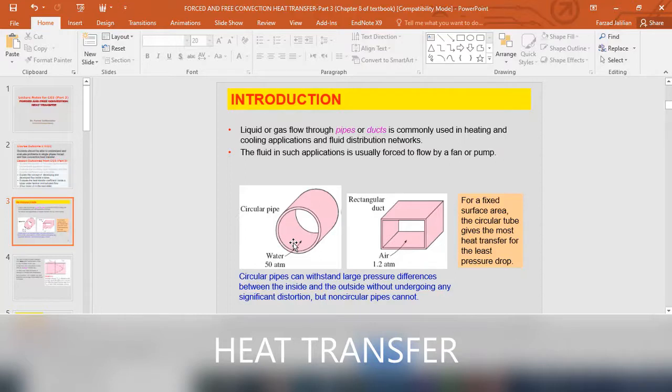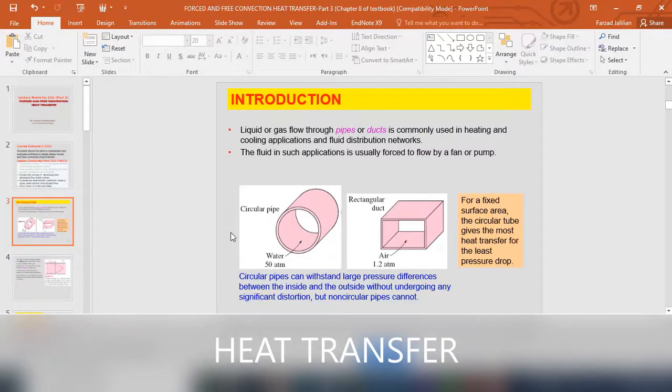And as you may notice, usually pipes have a cross-sectional area like this. They are circular pipes. But you may not know the reason for that. Actually, there are two reasons to have this kind of pipe.